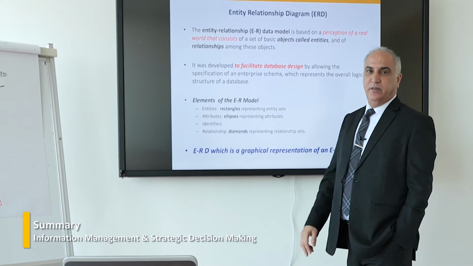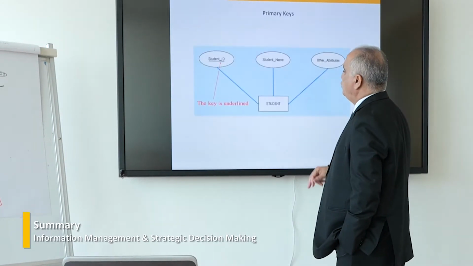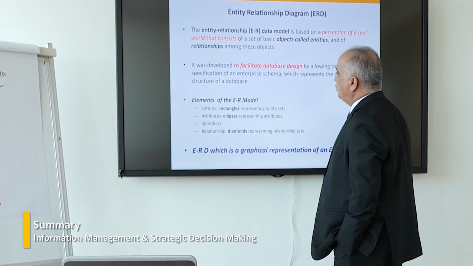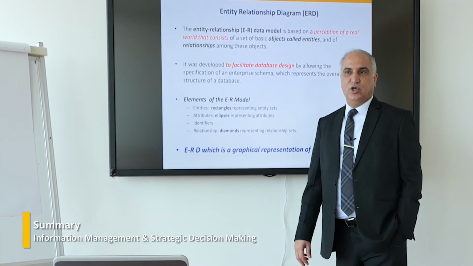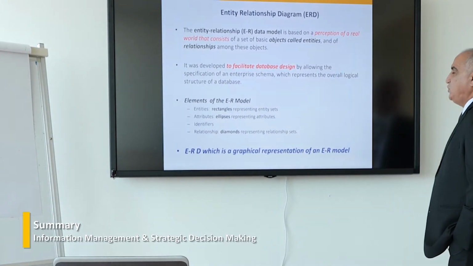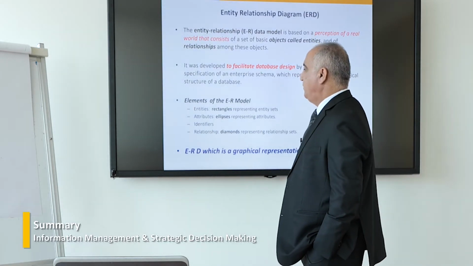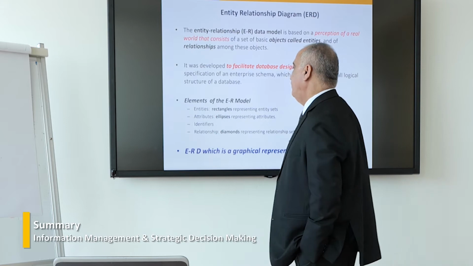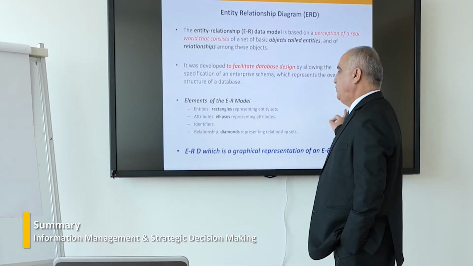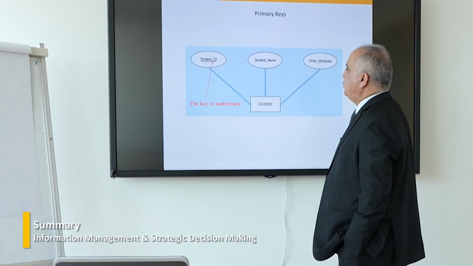Then we start with the entity relationship. We've given a good coverage on the concept of entity relationship. What is an entity relationship? We mentioned the elements of entity relationship, attributes, and what is a relationship.